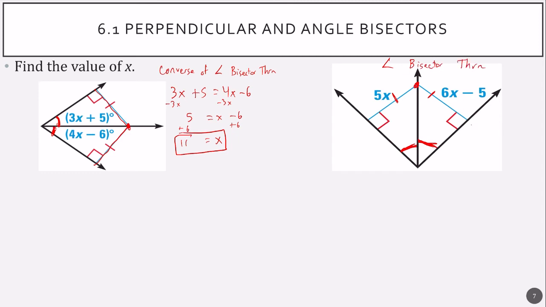But either way, we can say the 5x equals the 6x minus 5. Get the x's together, so negative x equals negative 5. Divide by a negative 1, so x is 5. Pause this and try number 14.